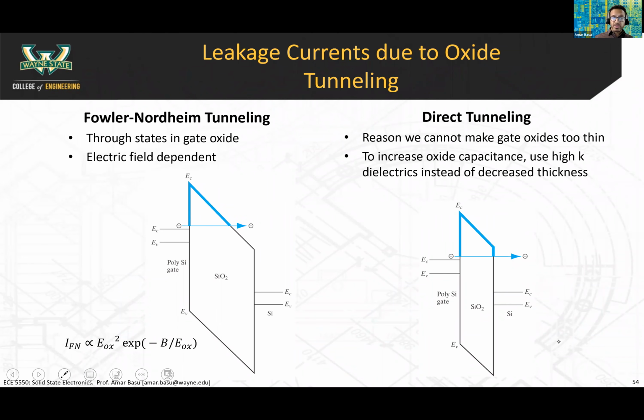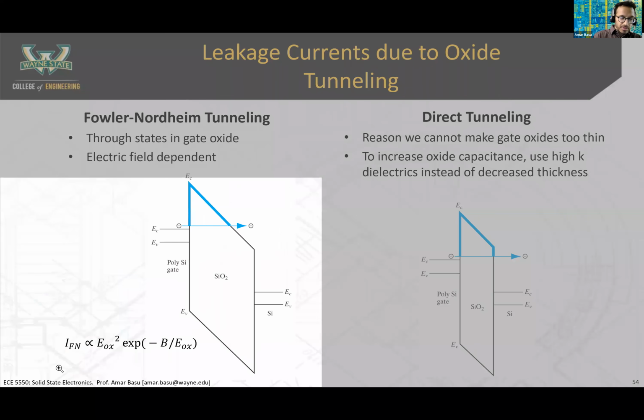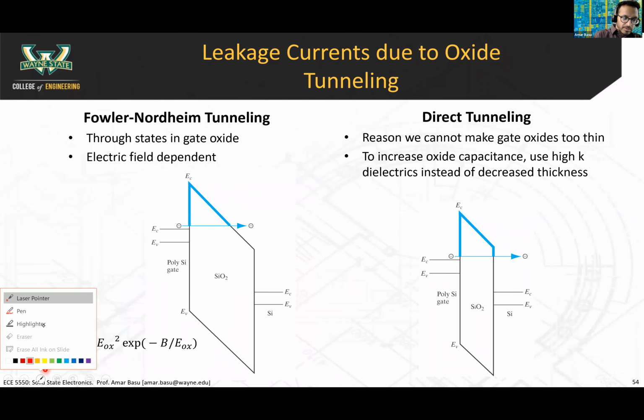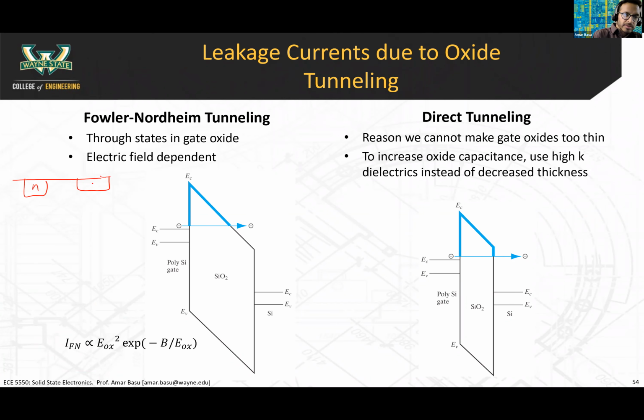Leakage currents is the third effect. Now, if I draw, again, drawing our typical structure for the MOSFET. This is the gate.